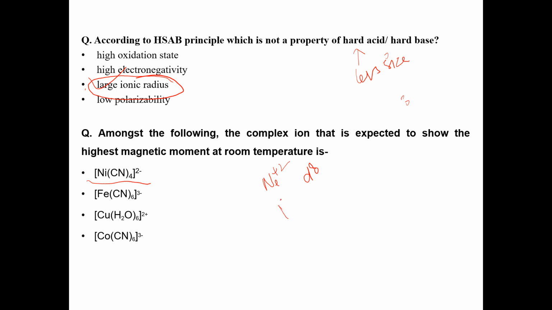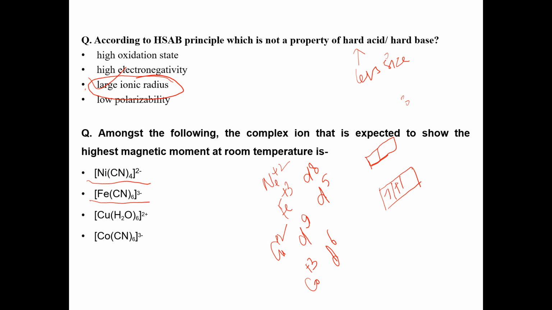It is Fe plus 3, d5, and this is d9, copper plus 2, and cobalt plus 3, d6. In this case, Fe(CN)6, just fill them according to CFT. So one unpaired electron.